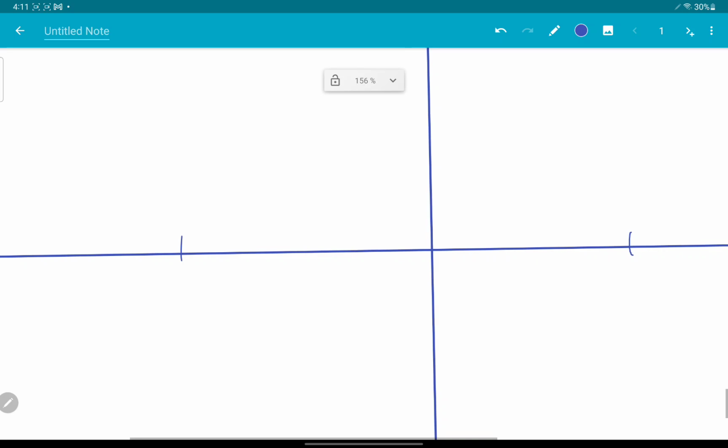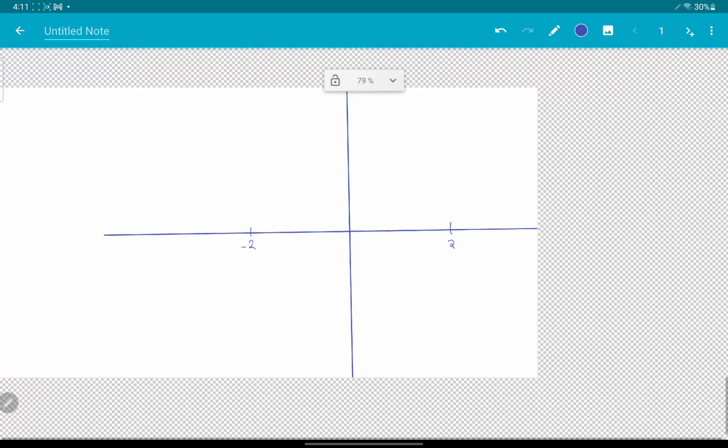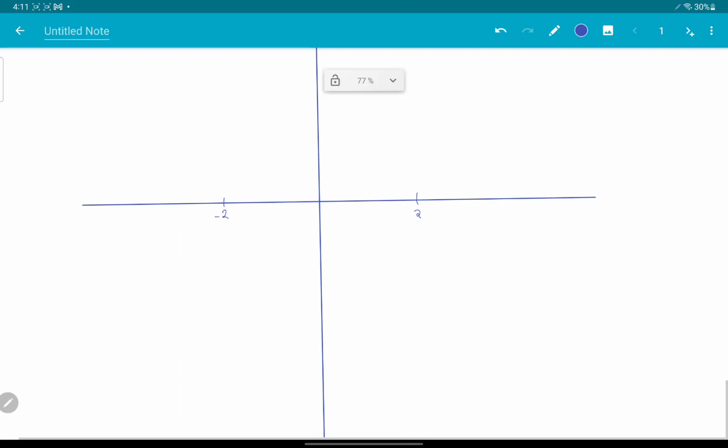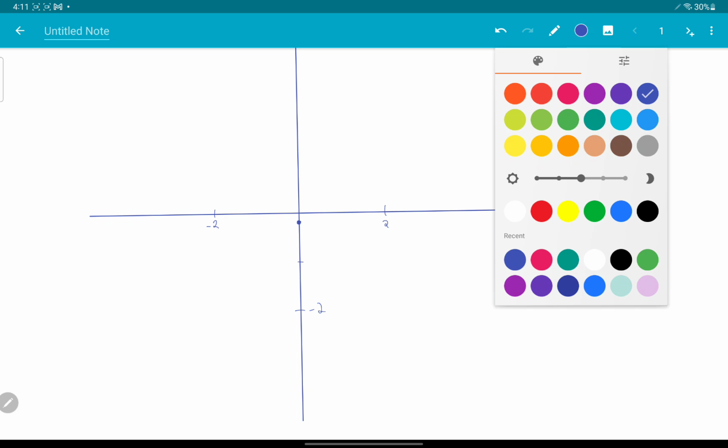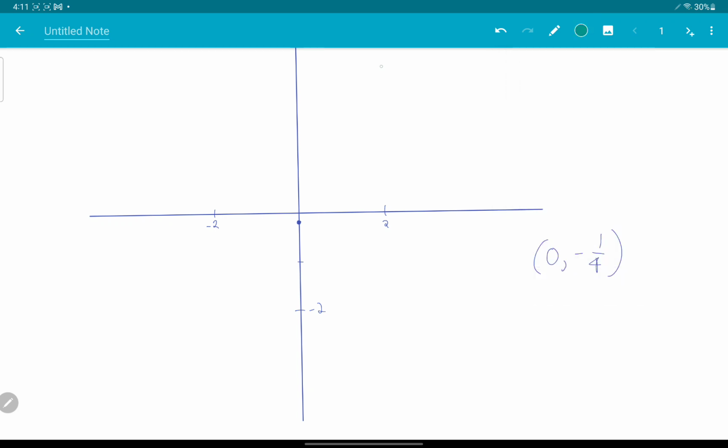Choose a scale here, minus 2 here, 2 here, those are my asymptotes. So we have the point 0, negative a quarter. So if this is -2, that would be -1. Negative a quarter would be roughly here, right there for my point there. Okay, that's tough, only 1 point. But the asymptotes, put the asymptotes in, vertical.